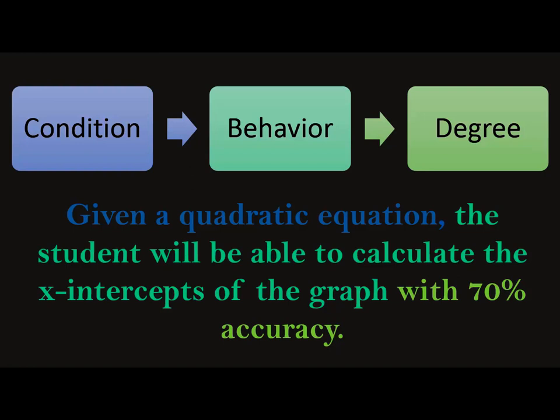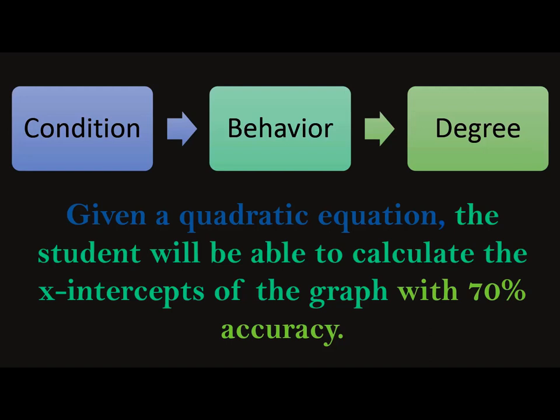Now, we don't usually do the degree part of it, the with 70% accuracy, because it's, again, built in, right? The degree is passing, right? We want 60% or better, unless maybe you've got something like a national board certification that might have some differences. But for the most part, especially at a community college where you're talking about first and second year classes, we're all going to be at 60% or better.